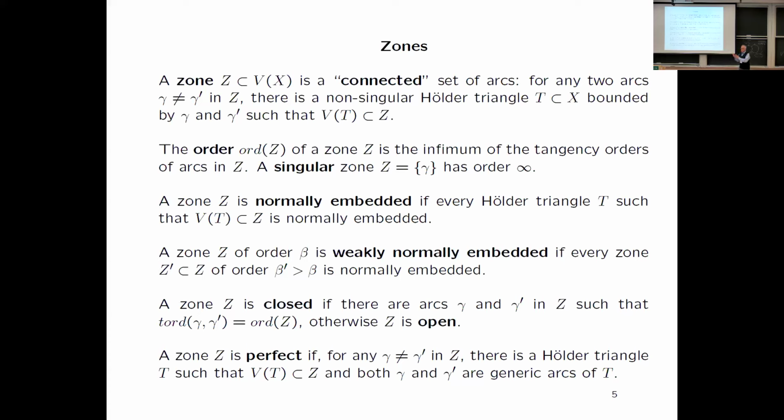Essentially, you can think of a perfect zone as one where you can move things in a Lipschitz way in this zone, and any arc you can move to any other arc just by a Lipschitz transformation of the whole zone. So that's why it's so good. And all these properties are, again, outer Lipschitz invariant, so we can use them.